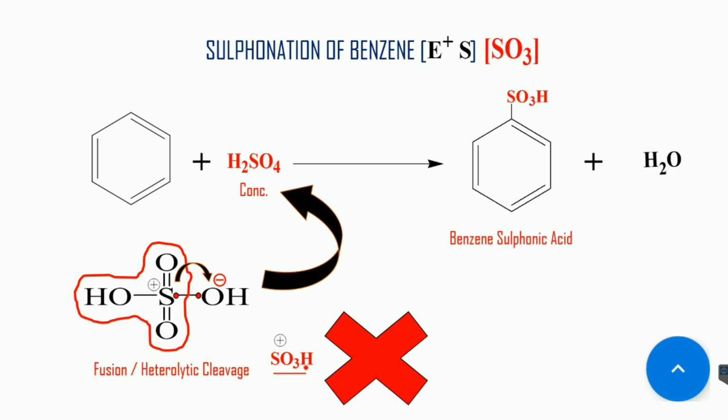If you see that after fusion in H2SO4, if SO3H is an electrophile, then OH minus acts as a nucleophile, and this OH minus is a very reliable functional group, and this one also tries to attach to benzene by a nucleophilic substitution reaction, because in benzene there is also fusion occurring, and there is a possibility of this happening.